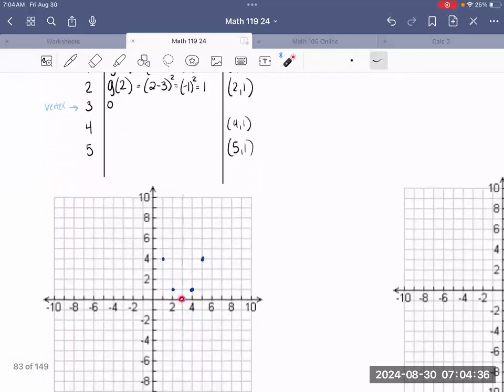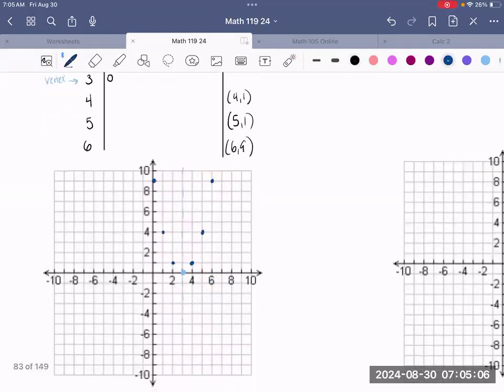Again, I only ask that you graph 5 points, so we're doing a little extra work. If this is your symmetry line, we went 3 to the left of your symmetry line. Then by going 3 to the right, we have the next point, (6, 9). So if you wanted, you could do (6, 9).